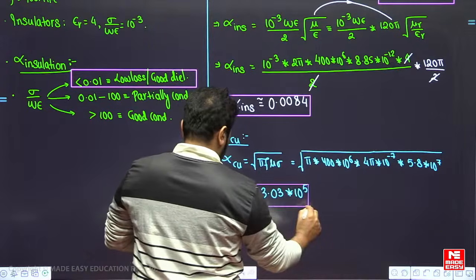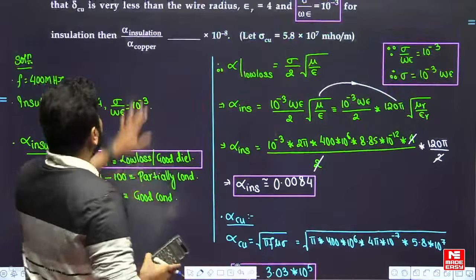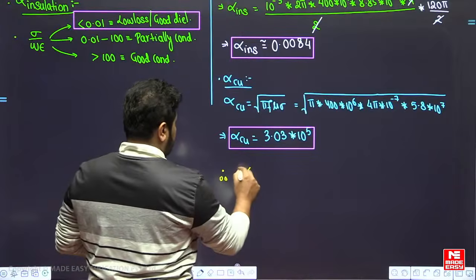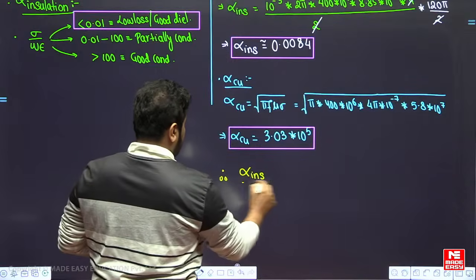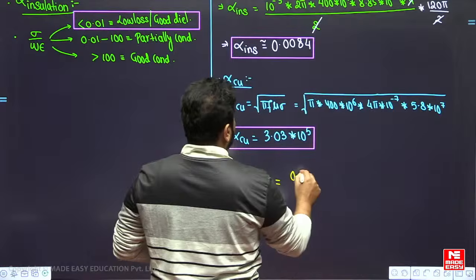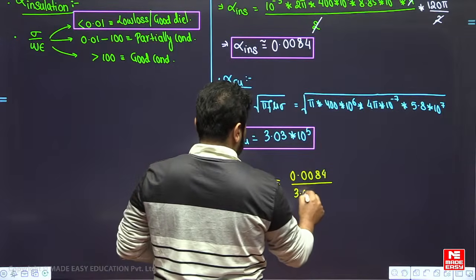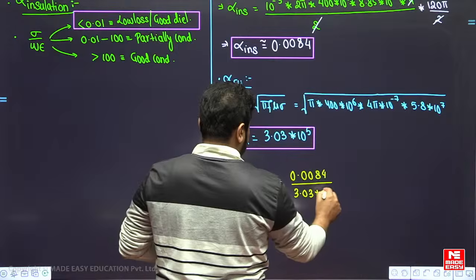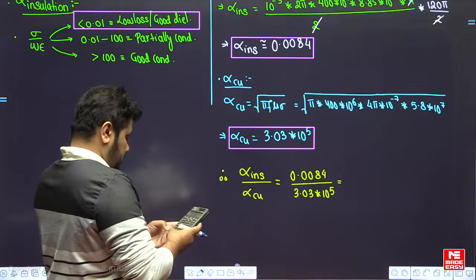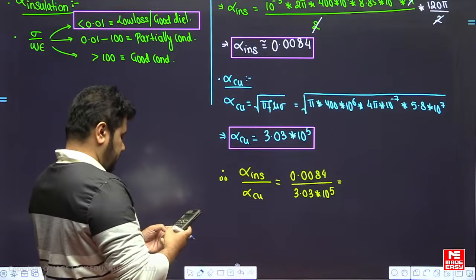Correct. Now in the question, what are they asking? They are asking alpha of insulation upon alpha of copper. So alpha of insulation upon alpha of copper is equal to 0.0084 divided by 3.03 into 10 to the power 5.